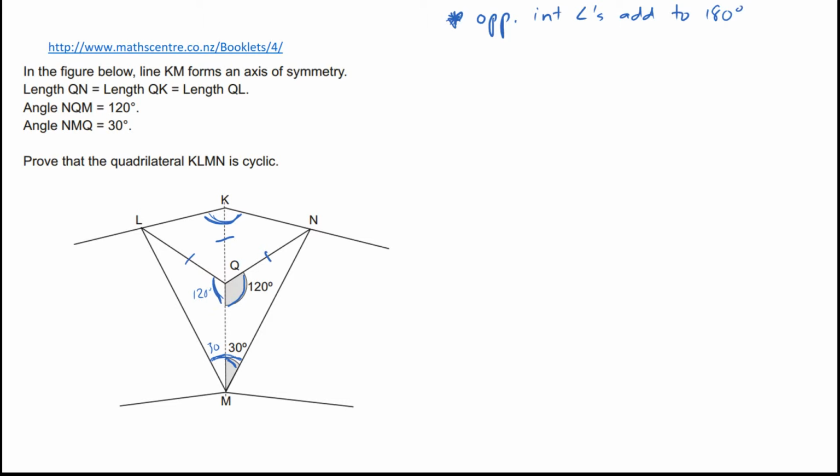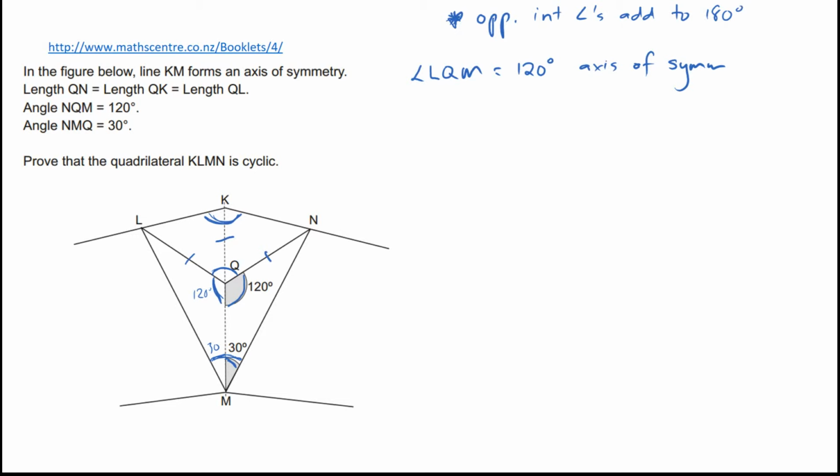That angle there is LQM, so angle LQM is equal to 120 degrees by virtue of the axis of symmetry. And then we could probably work out this one here because we have angles at a point.